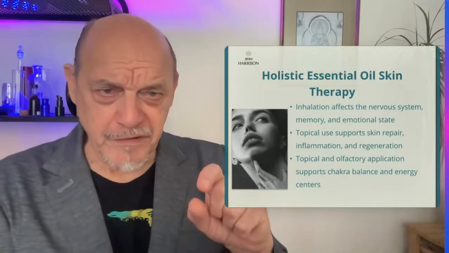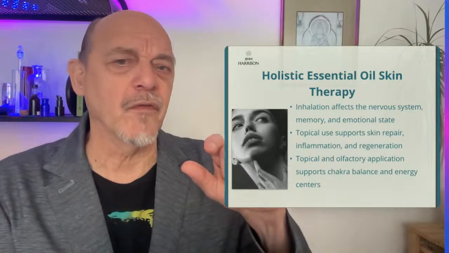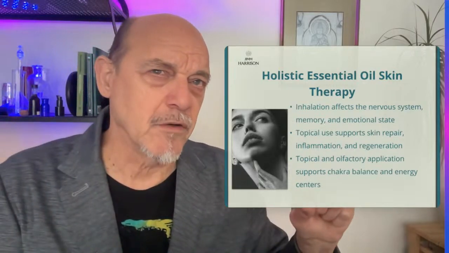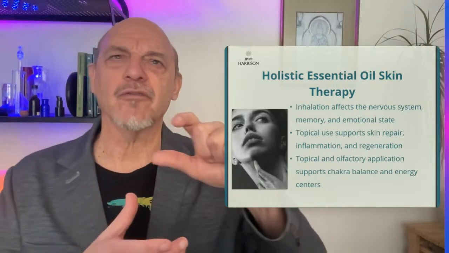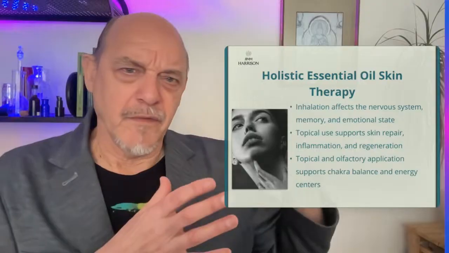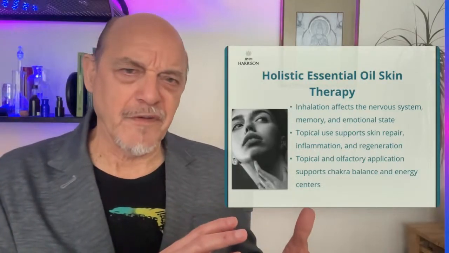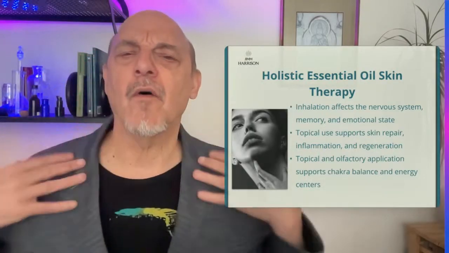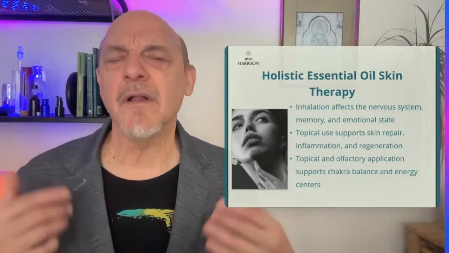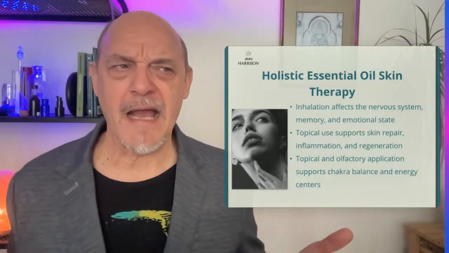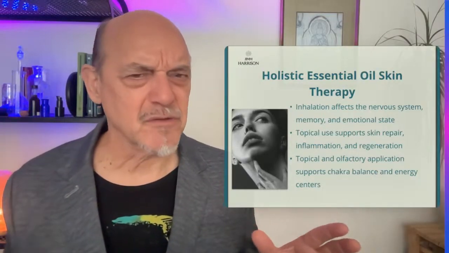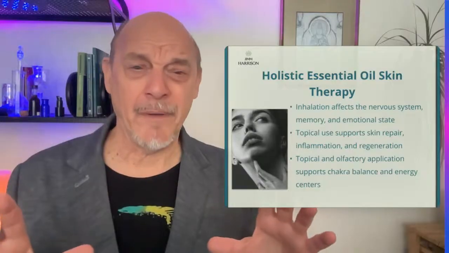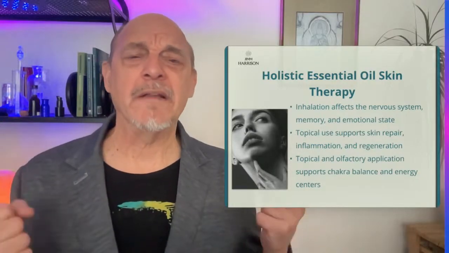Now, this newsletter has to do with the receptors that are in the skin. When you put an oil on topically, people generally think it absorbs into the bloodstream and you get this reaction. It's not quite that. That does happen, but that's not where the real effect is coming from.